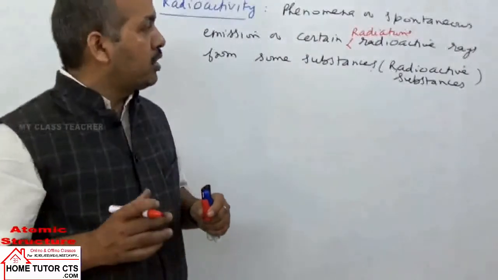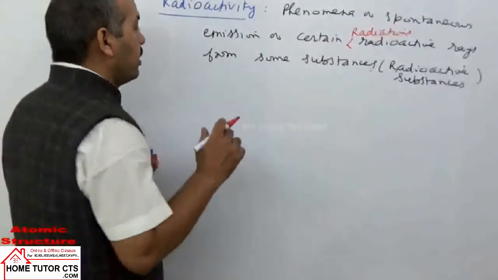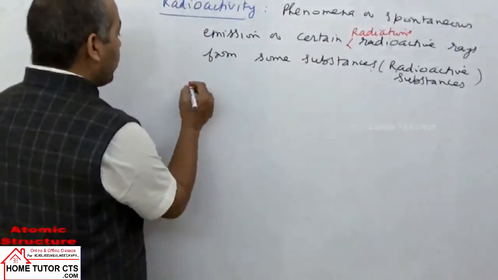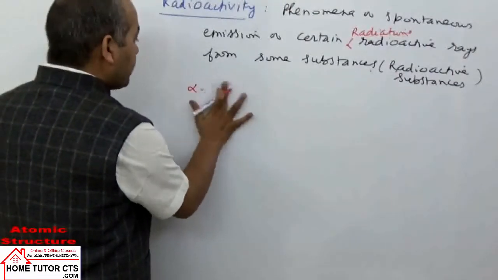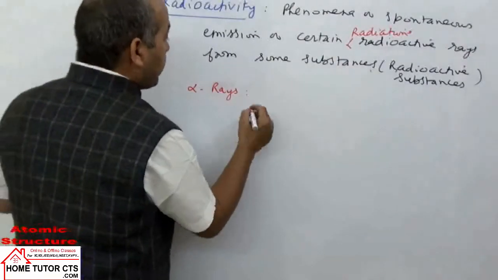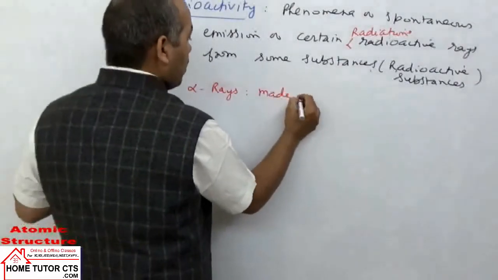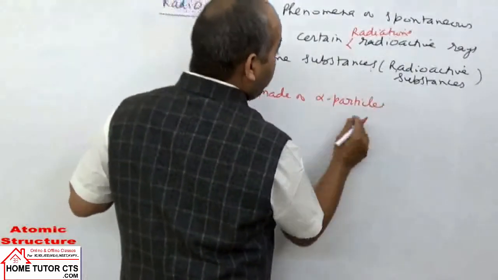Okay. Now, which are the common radiations or rays coming out? Basically, in this case, there is emission of three radiations. One is alpha particles or alpha rays. Alpha rays are basically made of alpha particles. What is this alpha particle?